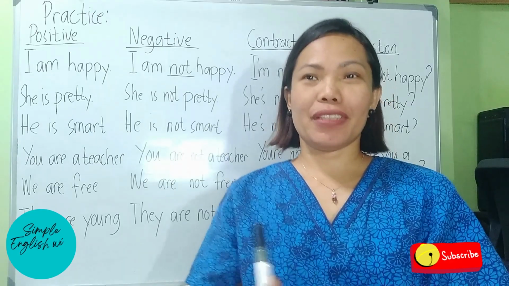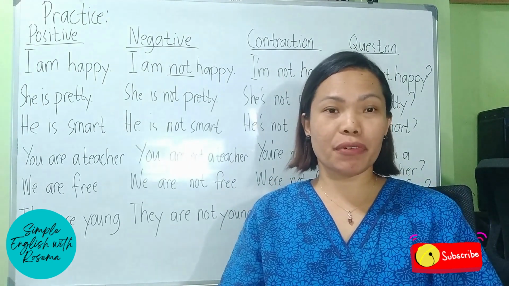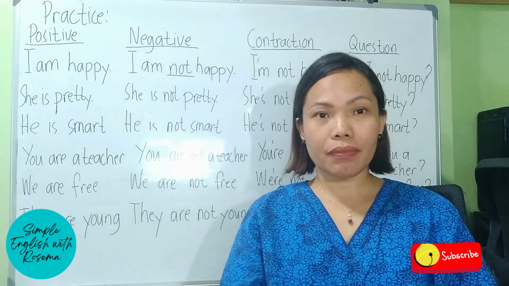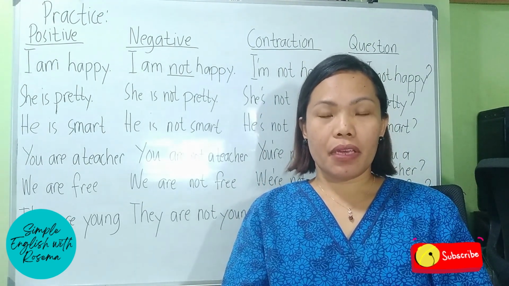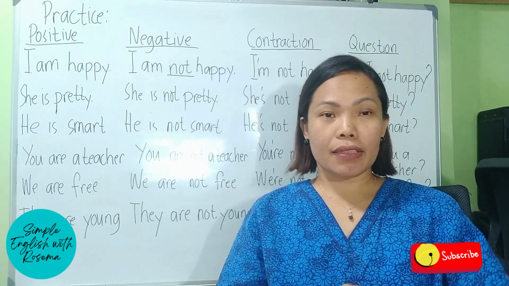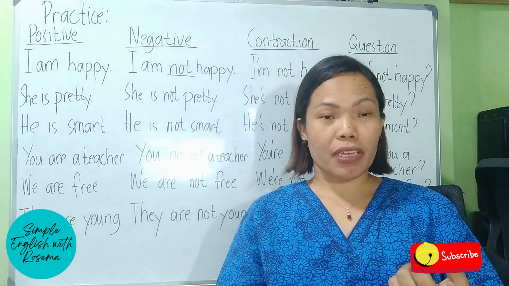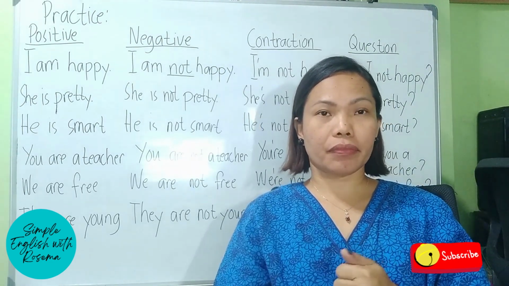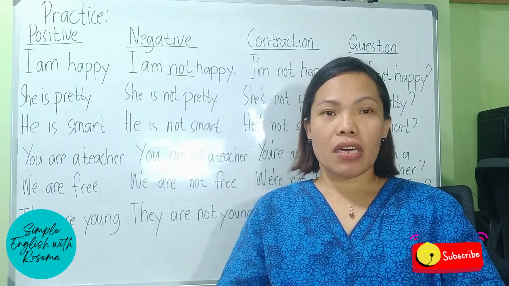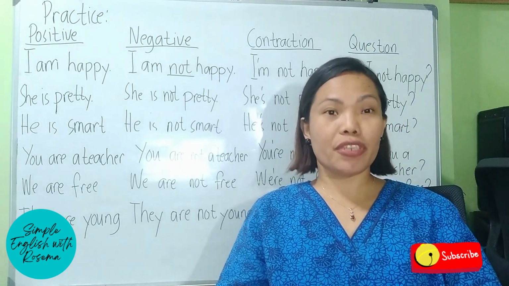For today's video, this will be a topic wrap-up of our present tense be verbs that we discussed previously in this channel. Okay, so again, if we remember, I said earlier that generally the present tense be verbs am, is, and are are used to express present state or condition.